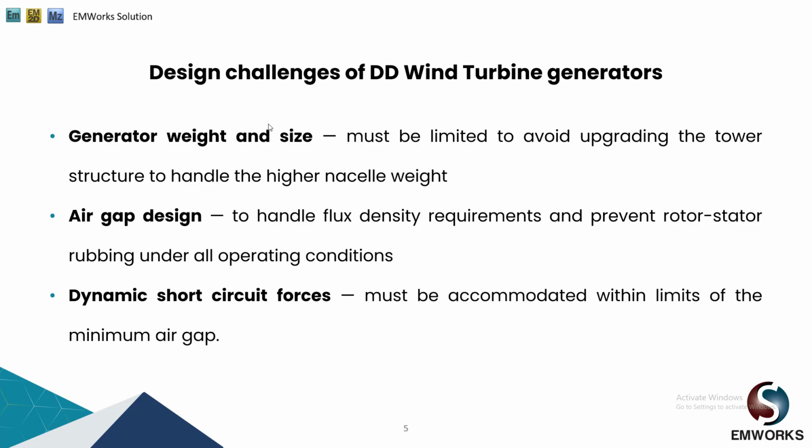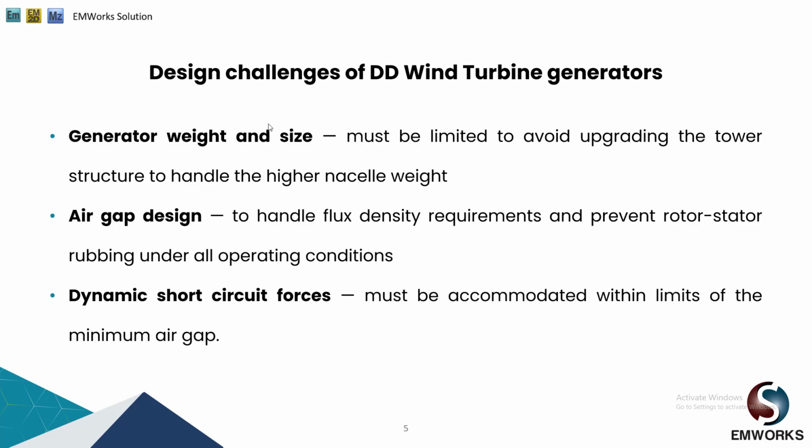Well, several challenges arise while designing direct drive wind turbine generators. First, due to its high torque requirement, the overall weight and the size of the generator grow rapidly and it becomes heavier. Therefore, a design needs to be smaller in size with higher torque density and reduced weight.